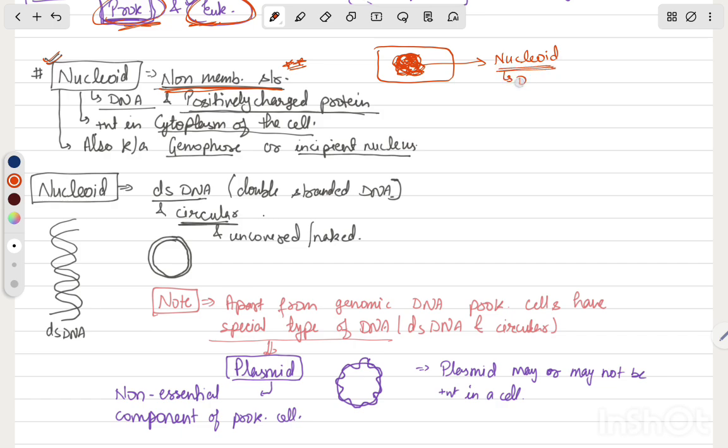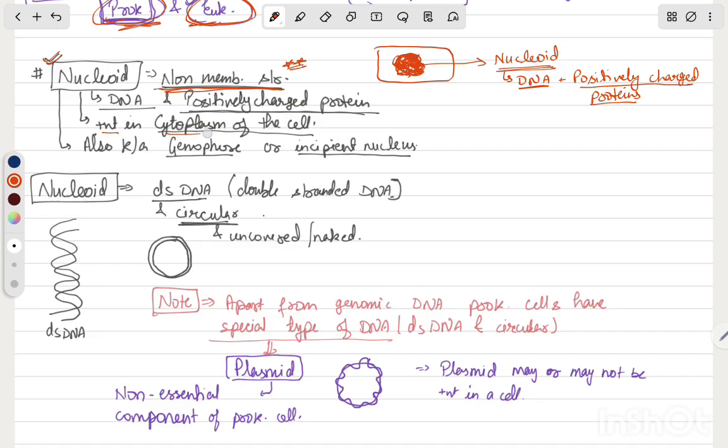Nucleoid has DNA plus positively charged proteins. Why are positively charged proteins present? Because histone proteins are absent in prokaryotes. So for DNA packaging, positively charged proteins are present so that it can be present in a condensed form at the center of the cell.